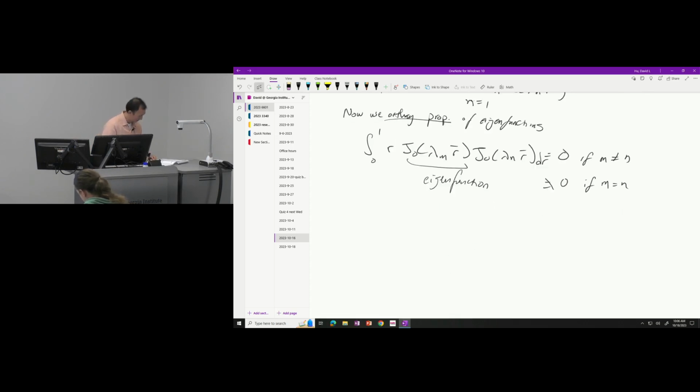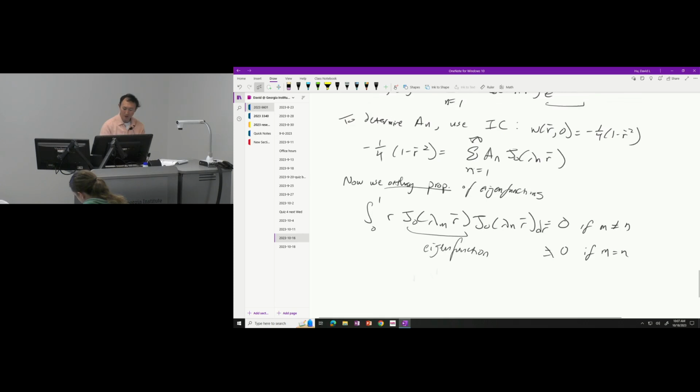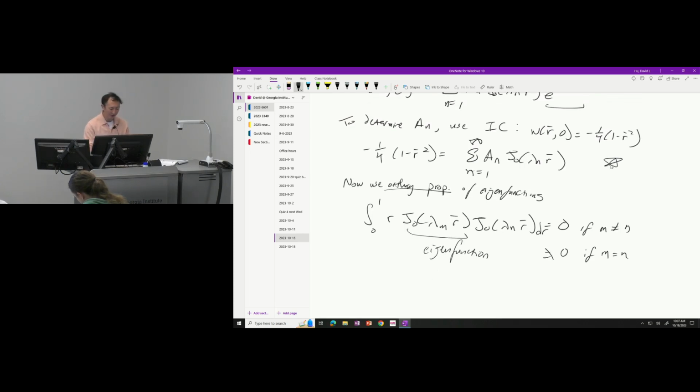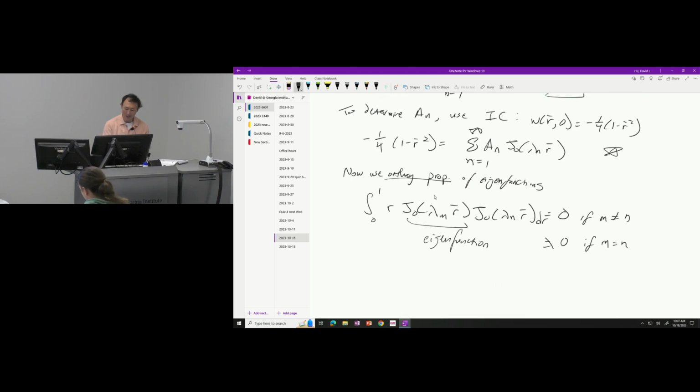So let's just finish it on this sheet. All right. So how do I use this orthogonality property? I've got this initial condition, and I want to multiply this whole thing by j naught of lambda sub n r, and then integrate.